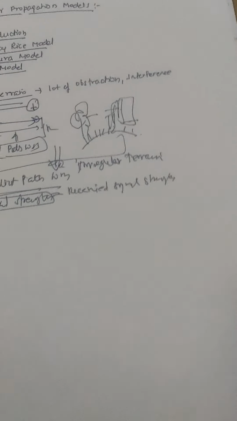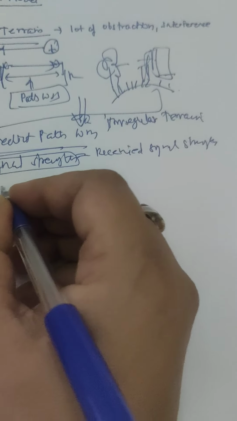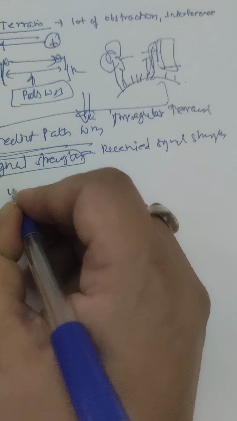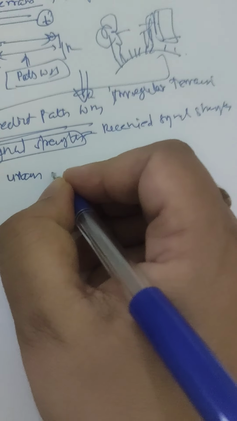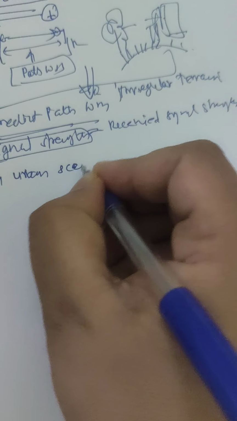What is the received signal strength in several urban scenarios?